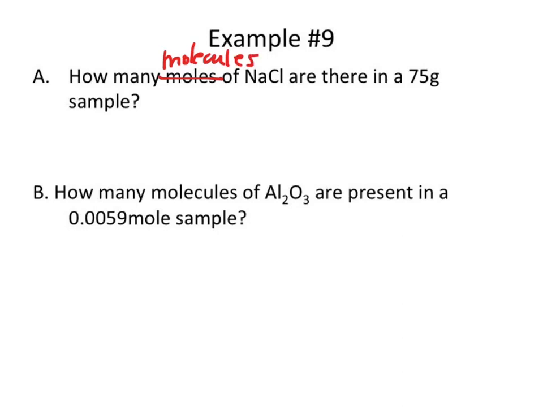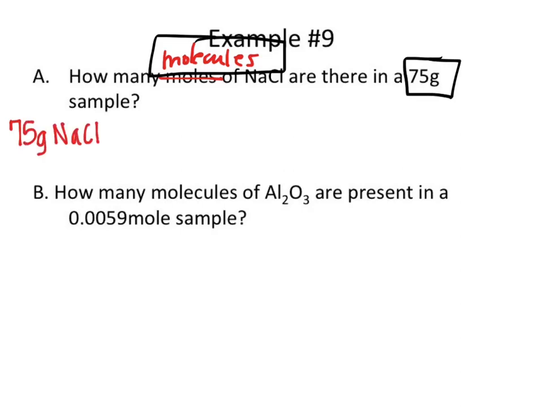So let's figure out where we're going from. Our end goal is molecules. And we're starting with 75 grams. So write out what you're starting with. We are starting with 75 grams of NaCl.